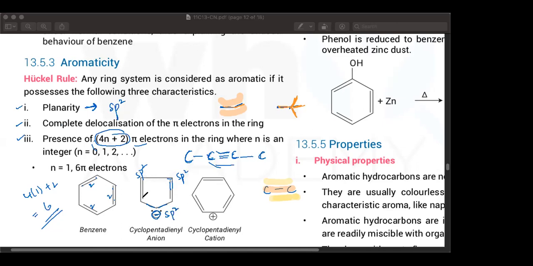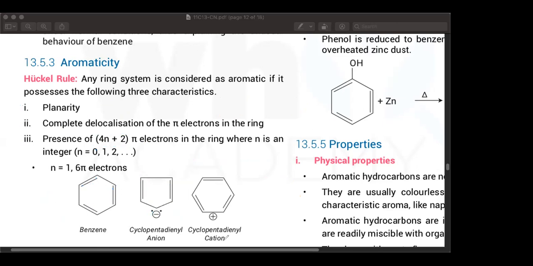So because all of them are sp2 hybridized, you can ensure that the structure is planar. Second, see if there are 4n plus 2 pi electrons. So 1, 2, 3, 4, and the lone pair on this, because it's got a negative charge, is present in the p orbital. So 1, 2, 3, 4, 5, 6 pi electrons fits the 4n plus 2 rule.